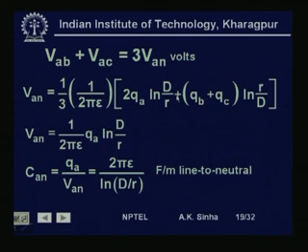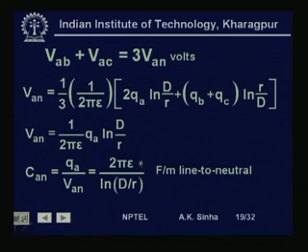So, this becomes twice QA log n d by r minus QA log n r by d, which can be put as plus QA log n d by r, and therefore, we get 3 QA log n d by r, and this 3 will cancel with this 1 by 3. So, we have got 1 by twice pi epsilon QA log n d by r.